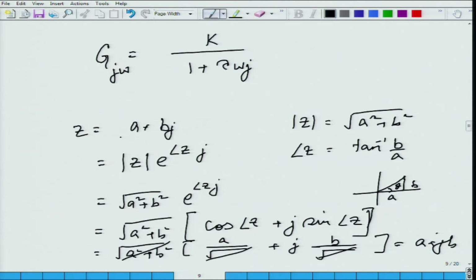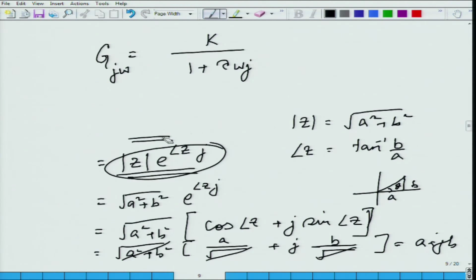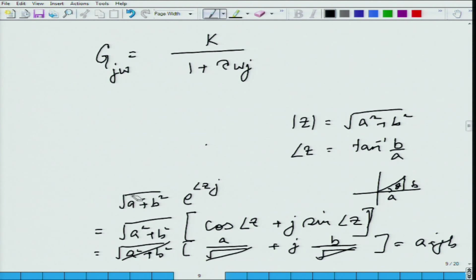So, you see that this is actually equal to this guy. This is called the polar form representation of the same complex number a plus b j. It is much easier to work with this, and I will just show this to you for this first order transfer function.